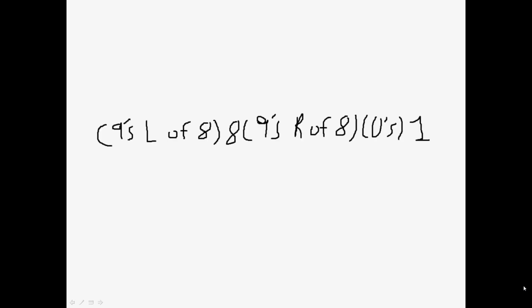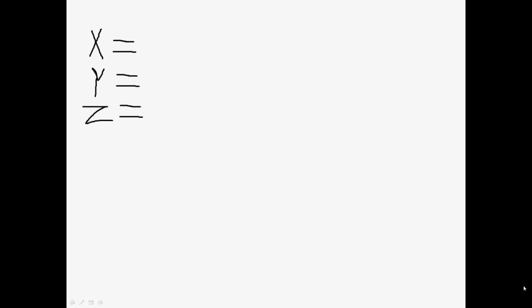I have the answer. So there are some 9s left of the 8, the 8, some 9s right of the 8, some 0s, and a 1. For the 9s left of 8, we're just going to call that X. For the 9s right of 8, we're going to call that Y. For the 0s, we're going to call those Z. And obviously, X is the number of 9s left of 8.